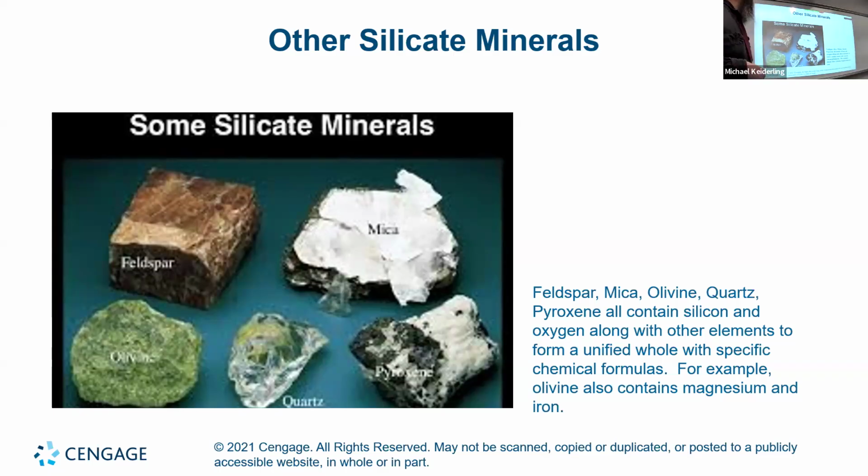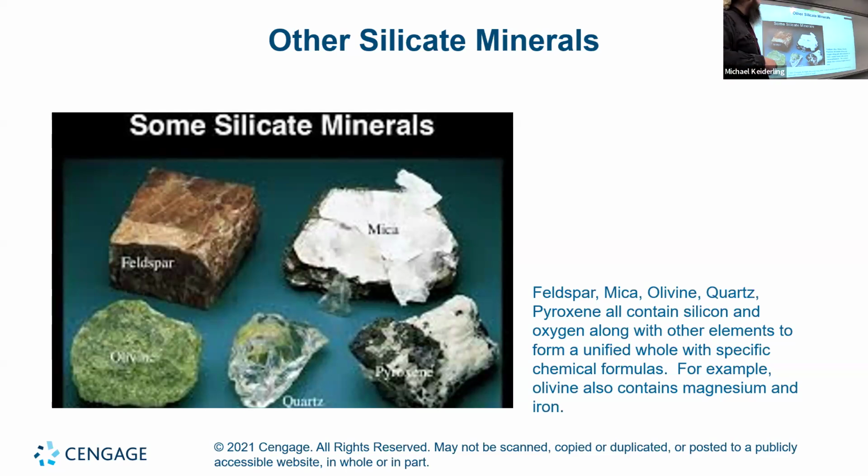So for example, there's olivine. This has lots of iron and magnesium in it, as well as silicates. There's mica. The micas form with sheets of the silicate tetrahedrons, which is why with mica you can peel off layers that form sheets.